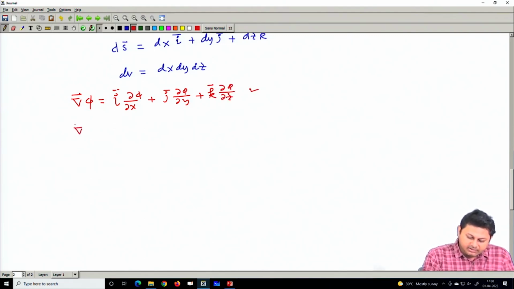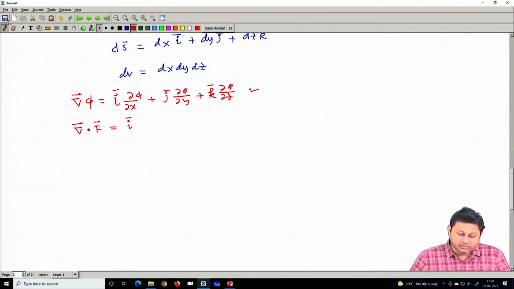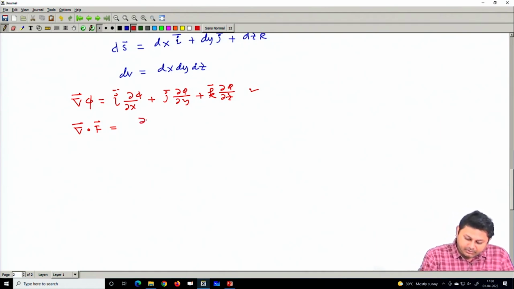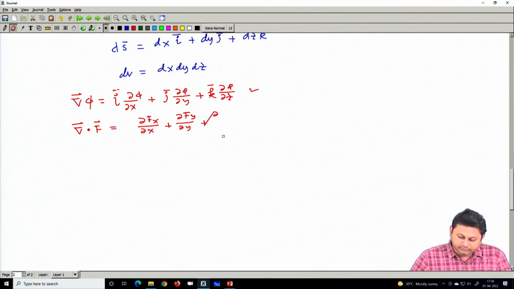What is the gradient of a scalar field f, which is also very simple? No, this is a scalar quantity, so I should not have i here. It is del f del x plus del f del y plus del f del z.